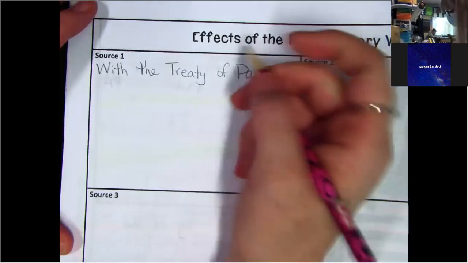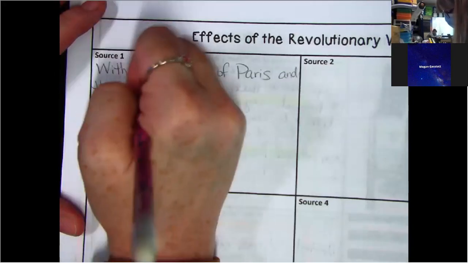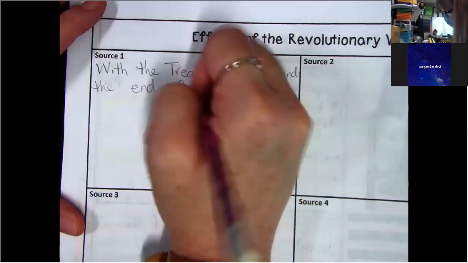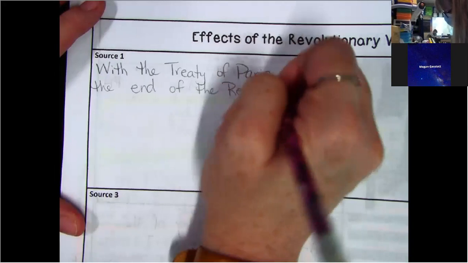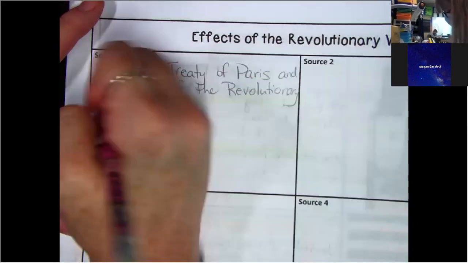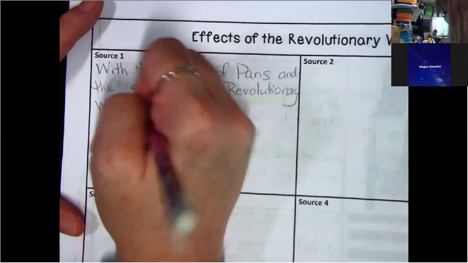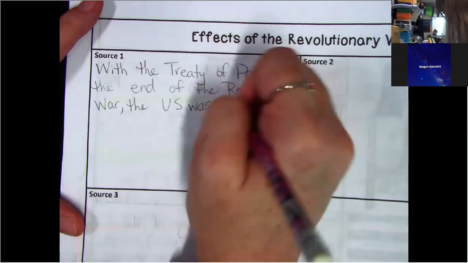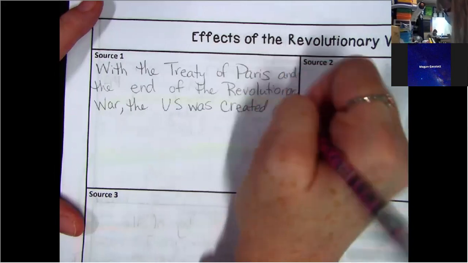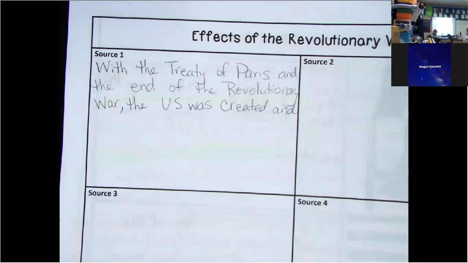With the Treaty of Paris and the end of the Revolutionary War, the U.S. was created, and what about its size? Was it the same size as the original 13 colonies? How was it?